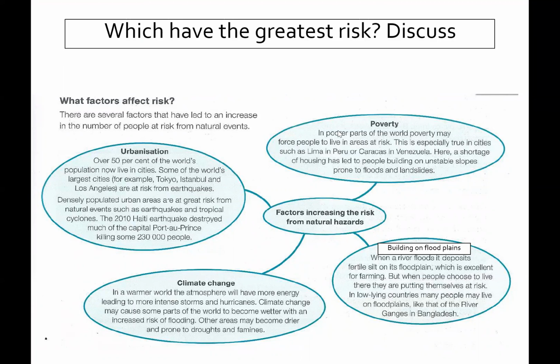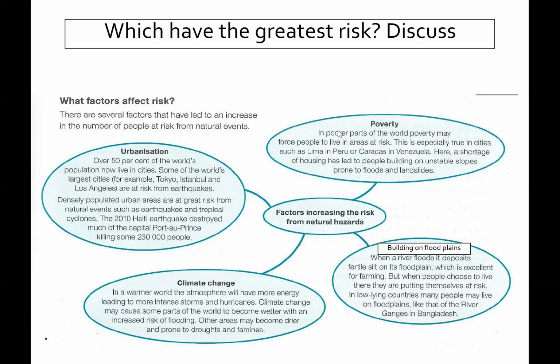So have a read through those 4 different factors. You can make brief notes on them if you like, but I want you to think, well, which one do you think creates the greatest risk? Is it urbanisation, the fact that over 50% of the world's population now live in cities? Is it because of climate change, that the atmosphere is warm and has more energy?